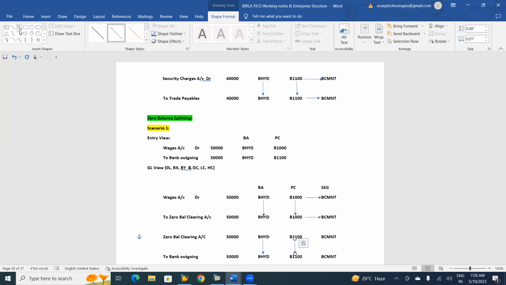So debit to credit, it is updating. Again an interview point of view question: when will the zero balance clearing account be triggered? Whenever the debit balance is not equal to credit at business area level, profit center level and segment level, then automatically the zero balance clearing account will be triggered.